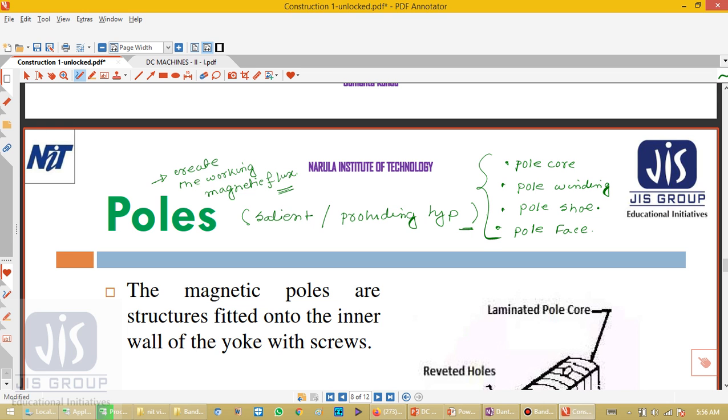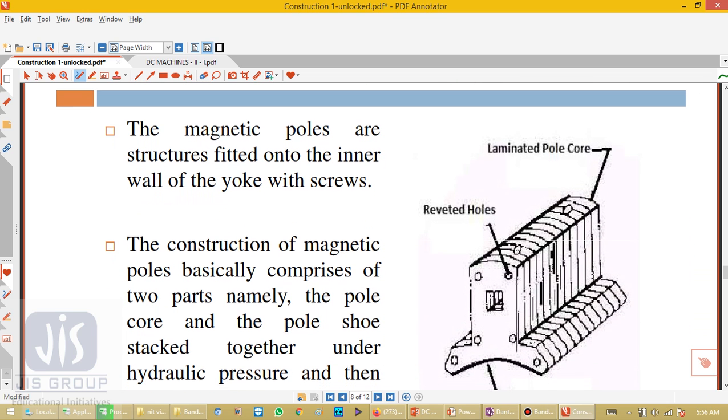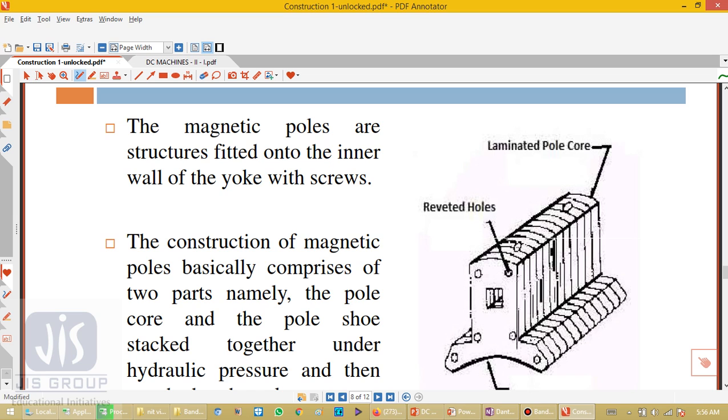Okay, so this is basically fitted onto the inner wall of the yoke with screws. You can see the picture. Okay, to see the picture.